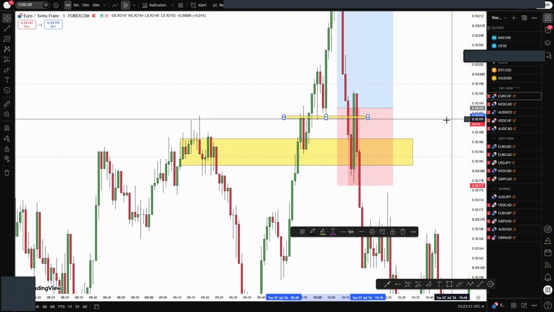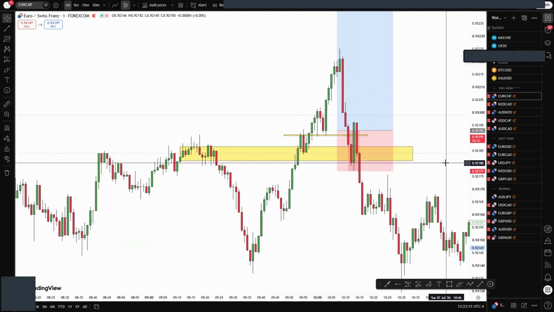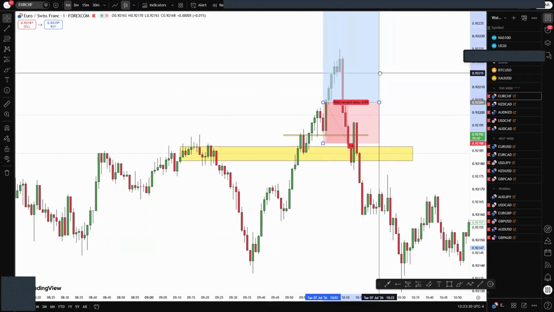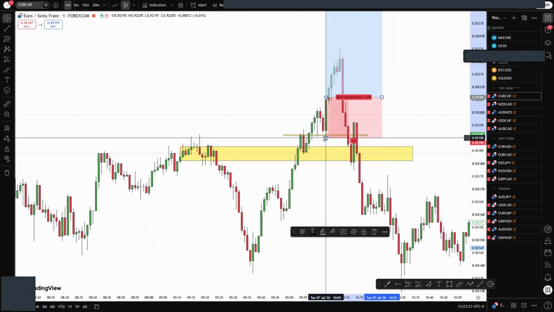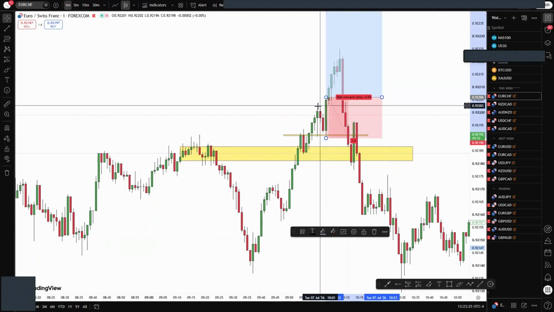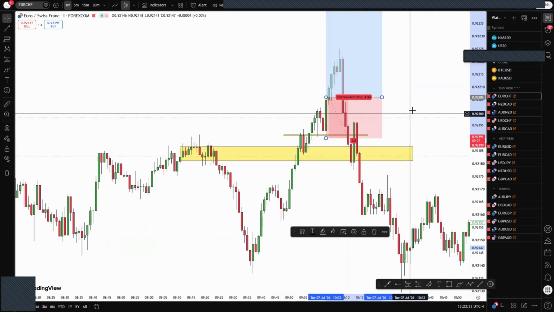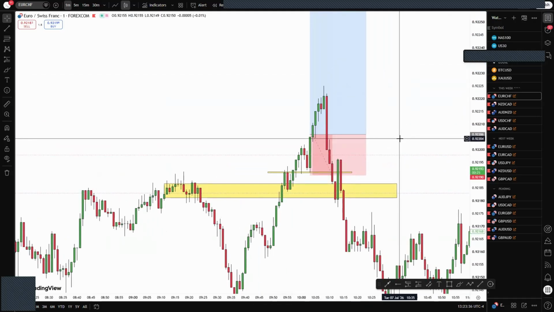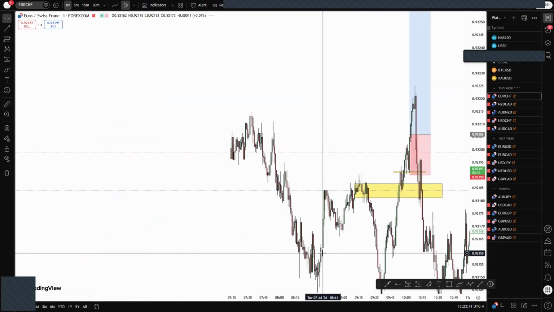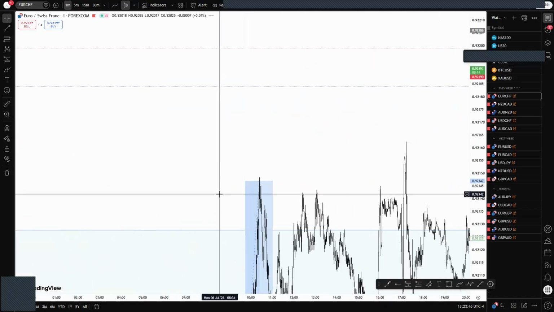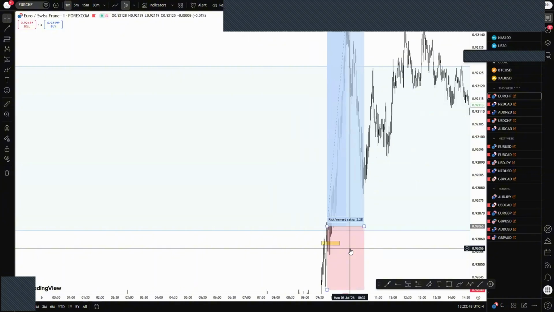But if you are eager to enter, put your entry there and put your stop just below here, because it even makes a new higher high. So you now think when price goes back here, it's bearish. Which is great analysis, but bad entry. So make sure it's always on point compared to this.